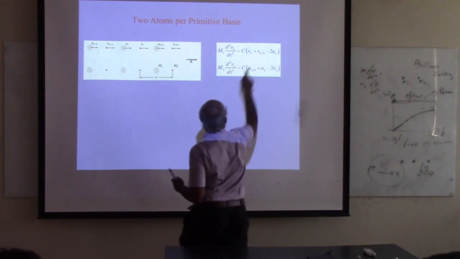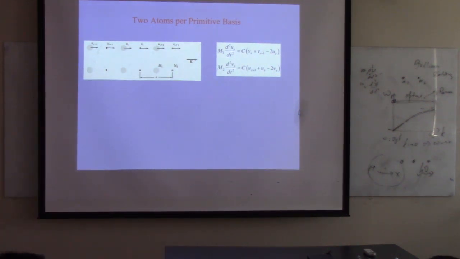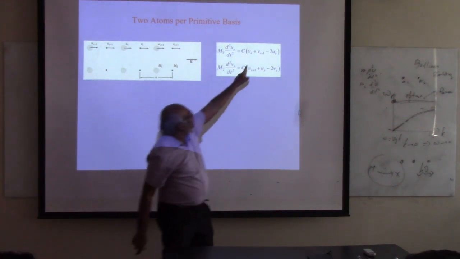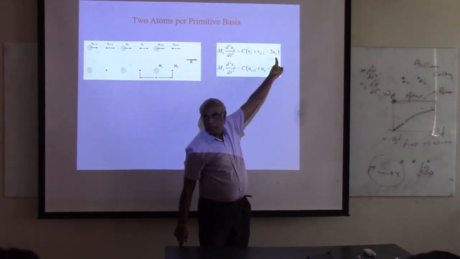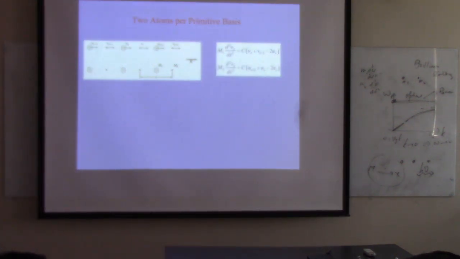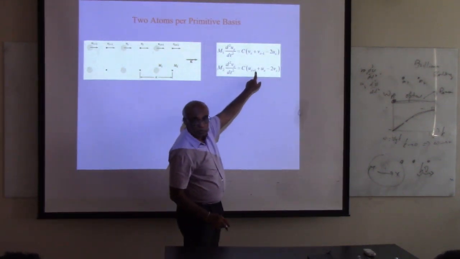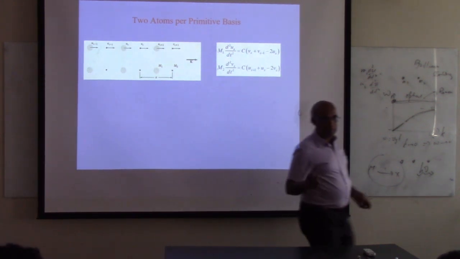If you take the sum, you get c times v_s plus v_s minus 1 minus 2u_s. The same thing you can write for the second particle, m2, d squared v_s over dt squared. If you do that, you get this equation. Is that clear? So very simple, right?